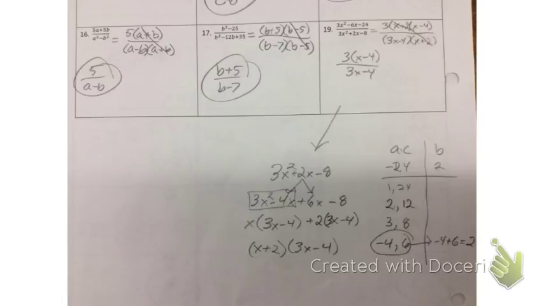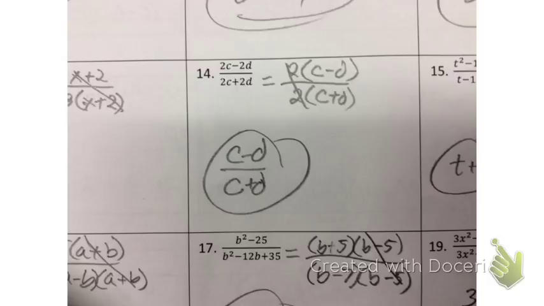Other questions? Yeah. Number 14? Number 14, we were supposed to do 2c minus 2d over 2c plus 2d. What particular question do you have? Because I had 0 for number 19 and I also have 0 for number 14, so I'm kind of assuming that may be incorrect. Did you check the answer key?